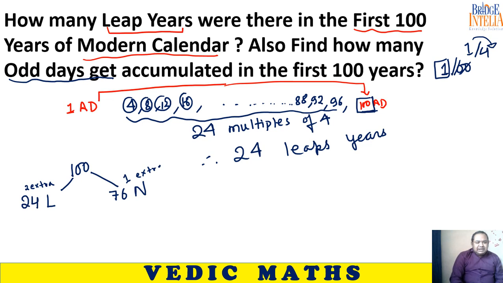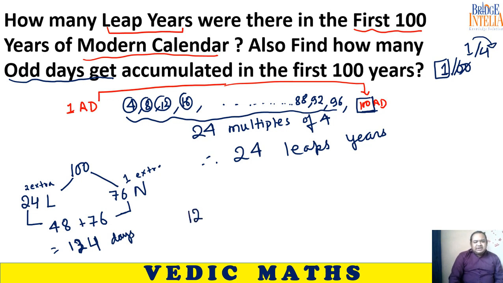So 24 leap years would generate 48 extra days, 24 into 2. And 76 into 1 is 76. If you add these up, it comes out to be equal to 124 days.